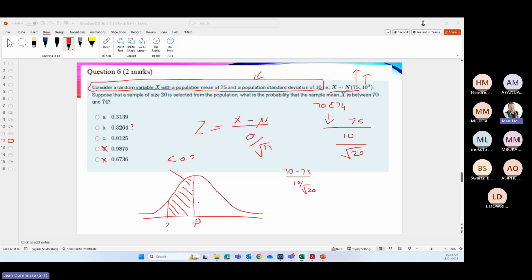So let's just work that out. 70 minus 75 divided by 10 divided by the square root of 20. Sure, what? No, let me just see. So that's where I made my mistake. Okay, so I get, and please, if you guys are also looking at it, minus 2.24.